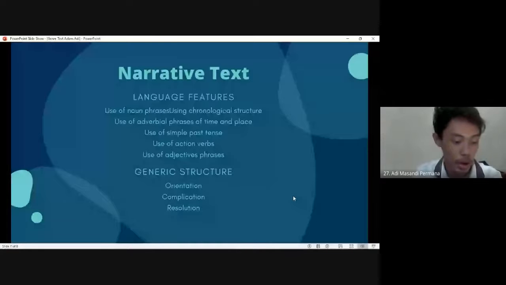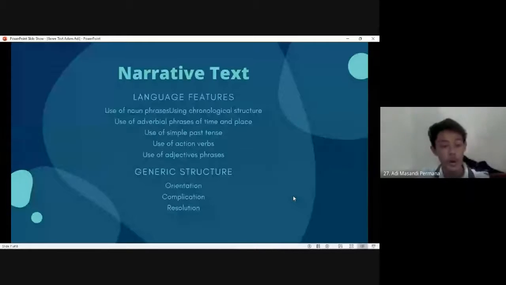And then the generic structure of narrative text is orientation, complication, and resolution. And that's it, the narrative text. Story structure includes story elements such as setting, characters, conflict, plot, rising action, and climax, or action and resolution of what the story is, or actually entertain people as described here.